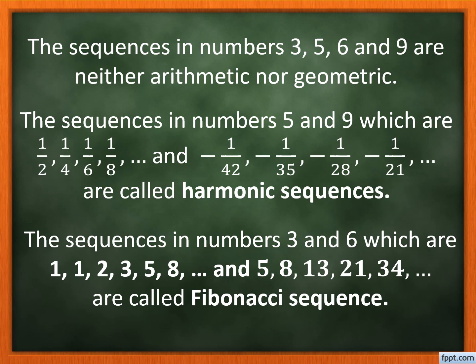On the other hand, the sequences in numbers 3 and 6, which are 1, 1, 2, 3, 5, 8, and 5, 8, 13, 21, 34, and so on, are called Fibonacci sequence.